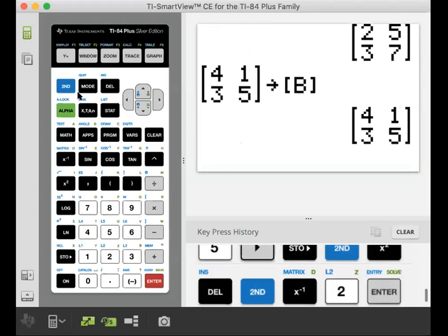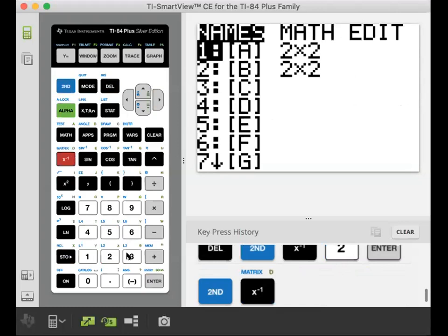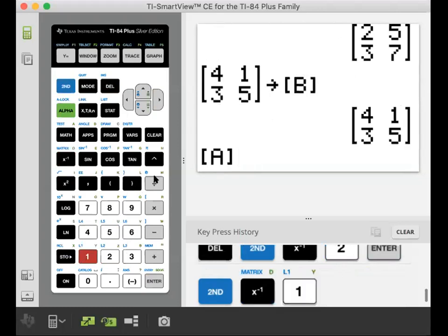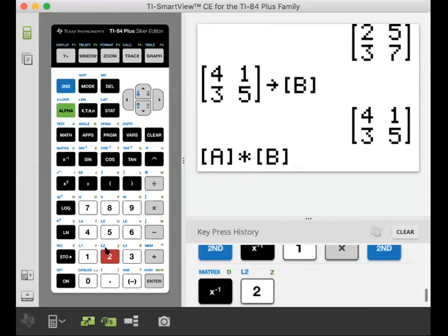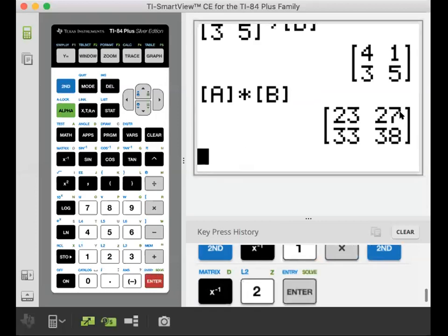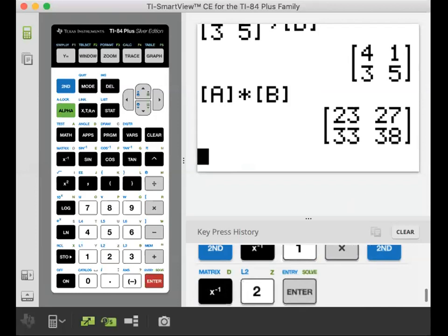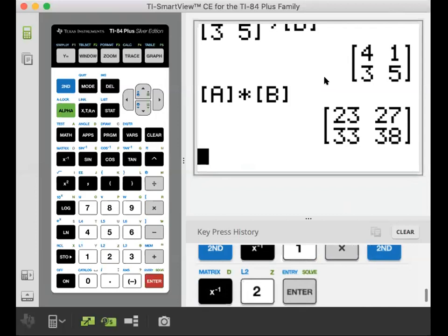And when I do A times B, second matrix A times second matrix B, I do not get 8, 5, 9, 35, but I get unusually large numbers, 22, 27, 33, 38.